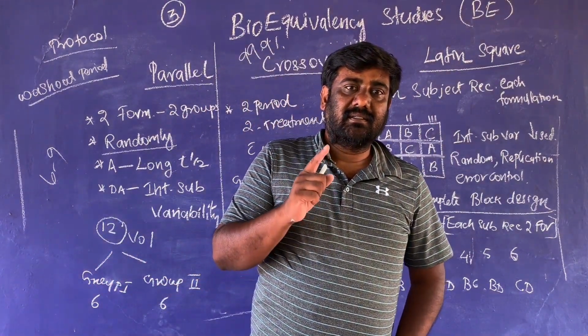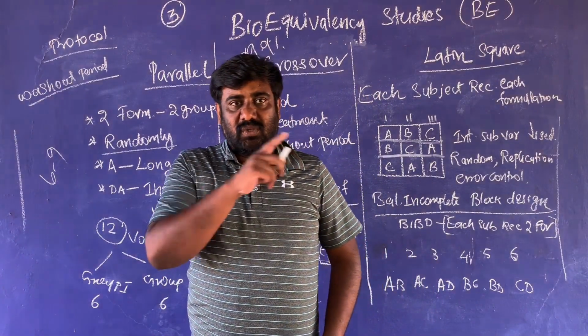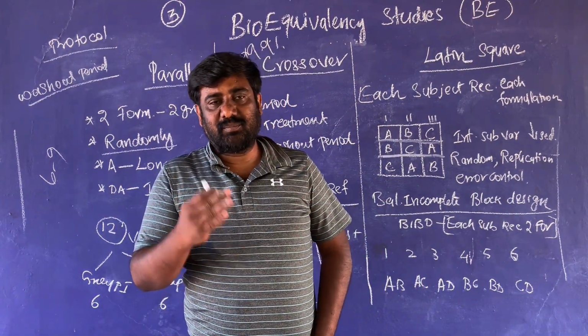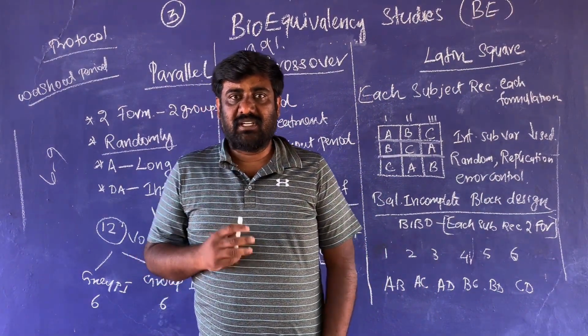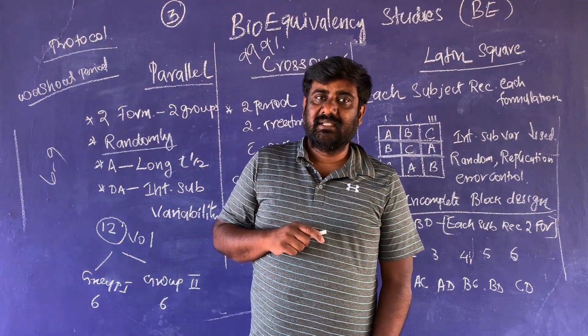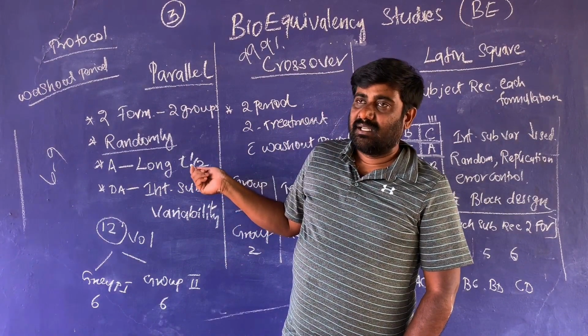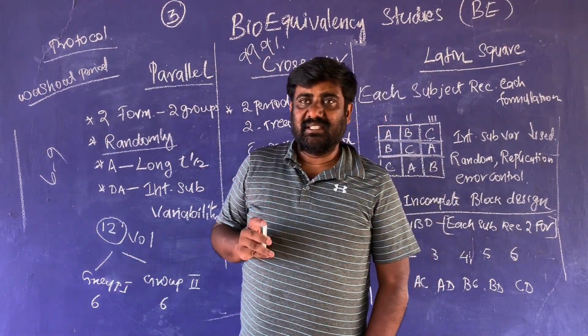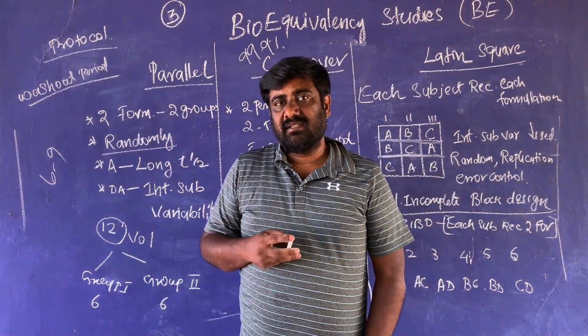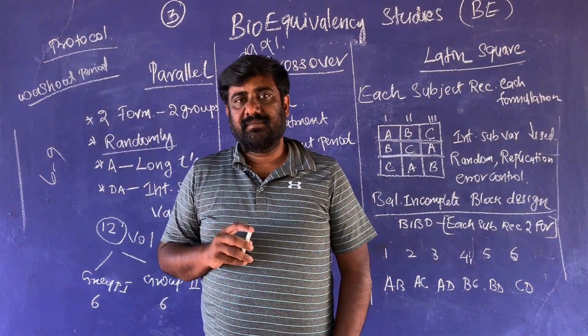We cannot wait up to 1 year to complete the bioequivalency studies if the product is to be released immediately to the market. So in such cases, we select the parallel design method for drugs which have a longer half-life.